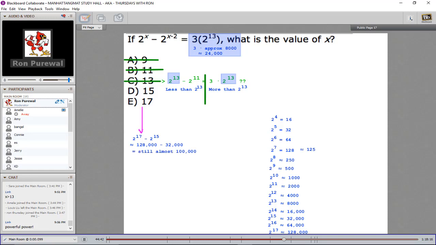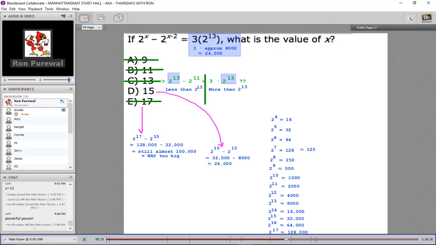This is about 4 times too big. So no. If we approximate D, this is 2 to the 15th minus 2 to the 13th, so approximately 32,000 minus 8,000. Look at that, that's pretty much exactly what we want. Sweet.